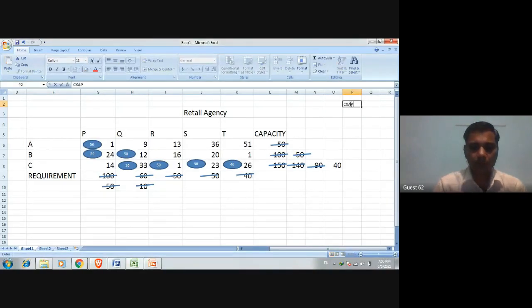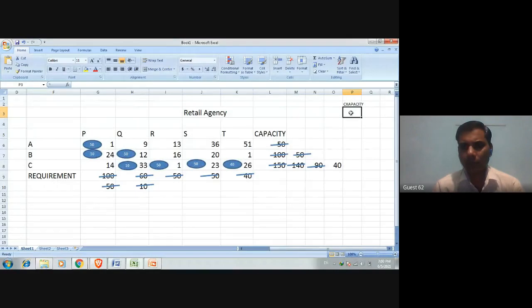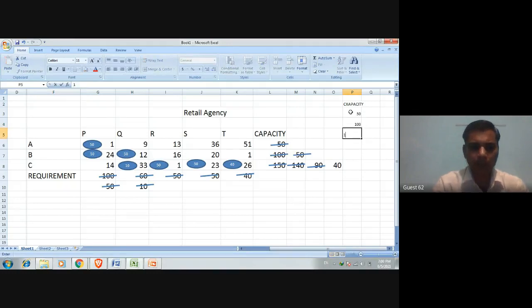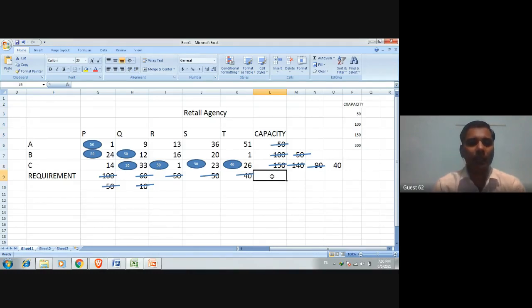Okay, capacity added: 50, 100, and 150. Okay, add all these. Let's do auto sum. 300. So the capacity of warehouses A, B, and C is 300. So we will write down here 300.